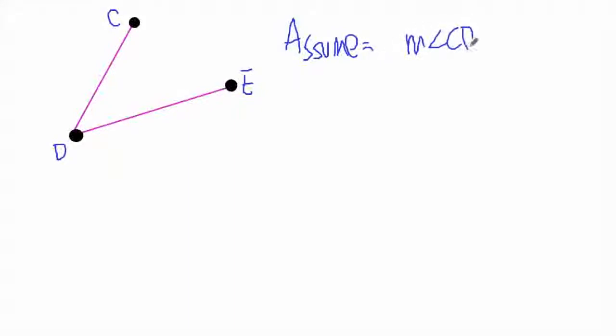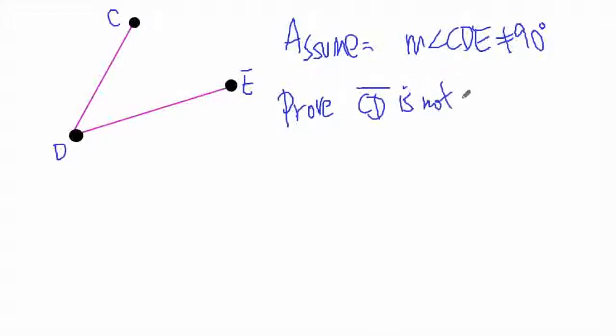Assume that the measure of the angle was not 90 degrees. And by the way, in degrees, when we talk about 90 degrees, we usually put a little exponent, that's a 0. That's the symbol for degrees. Okay? Prove that CD is not perpendicular to DE.